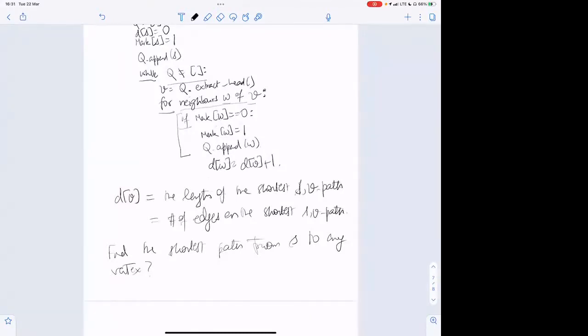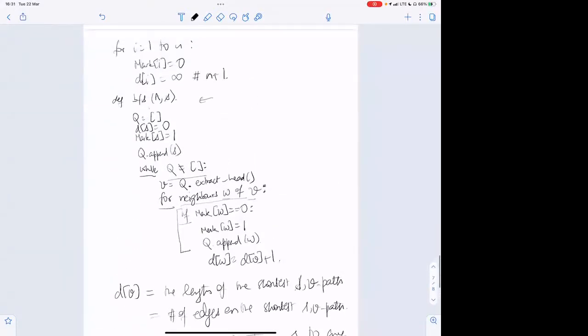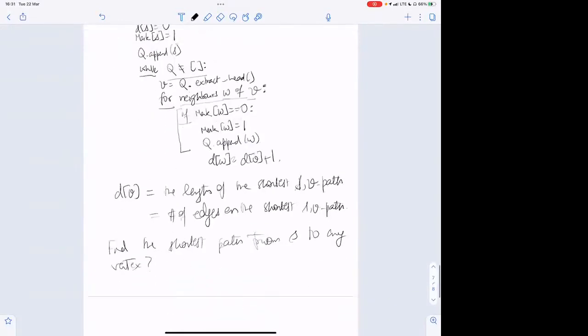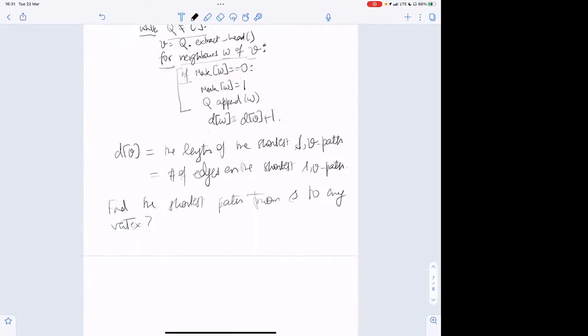Currently we are talking about undirected graphs, but this algorithm will work for directed graphs also. I invite you to check that. We have implicitly assumed that the graph is undirected, but even if it is directed, the exact same algorithm will work. But so in undirected graphs, how will you find the shortest path from S to any vertex? Tell me.